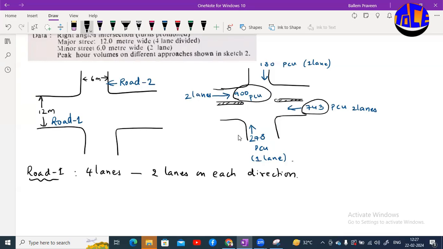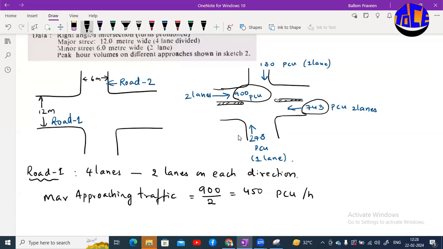Now the maximum approaching traffic per lane will be 900 divided by 2, because this 900 traffic is approaching using 2 lanes. If you divide by 2, you get per 1 lane. So it will be 450 PCU per hour per lane.